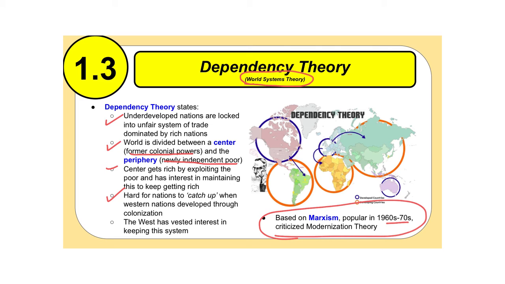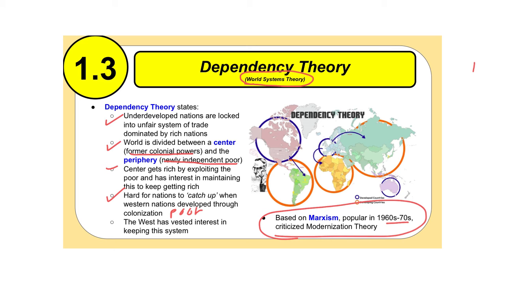And so the idea is, how can these poorer nations ever catch up if the richer nations actually benefit off of colonization? And so that means that the poorer nations must stay poor in order for the richer nations to stay rich.